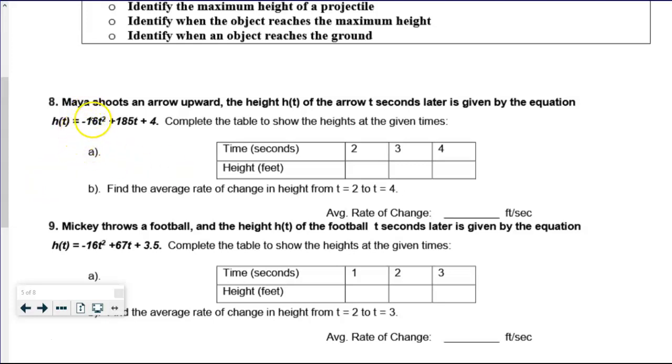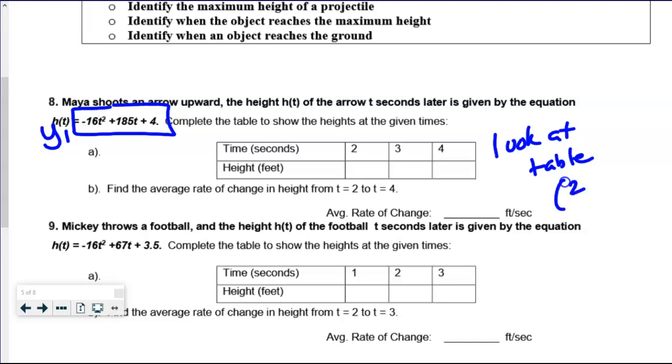So what we're going to do is take our function, which will be given to you, and type it into y1. And we're going to look at the table from our calculator, which remember is second graph.